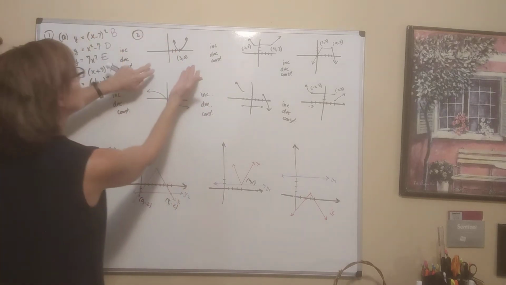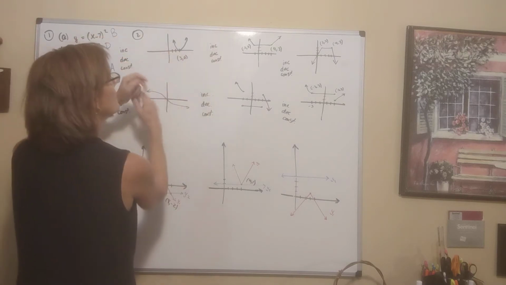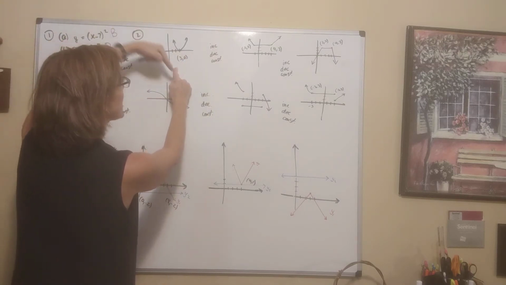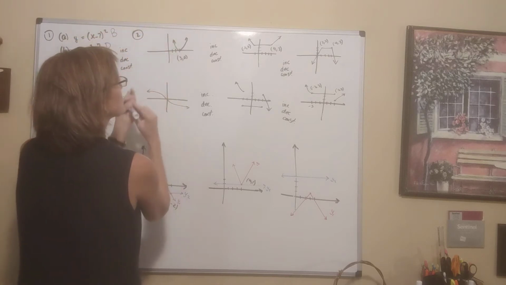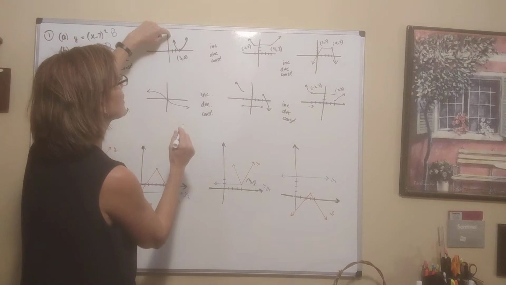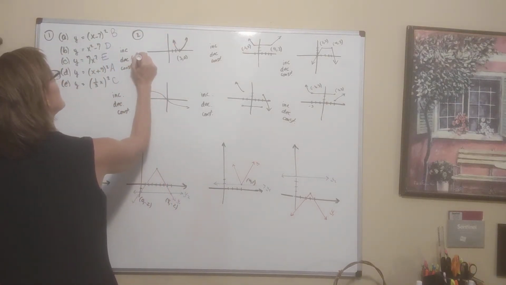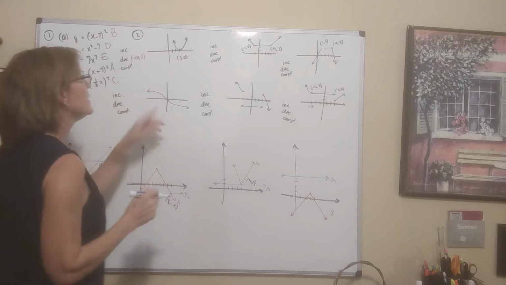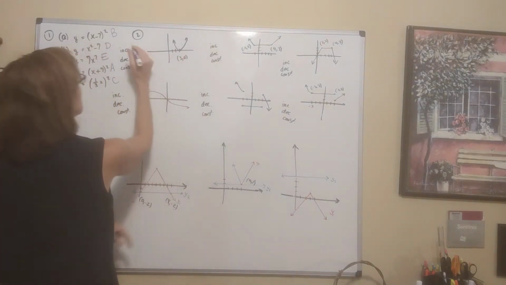When I look at this first problem, this is my parabola. Before the vertex, it is going down. It is decreasing up into this point. What X values are those? It's decreasing from negative infinity to 3, and then once it hits 3, it begins to increase from 3 to infinity.